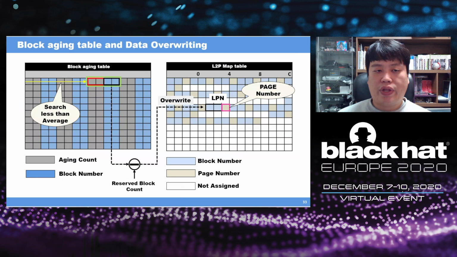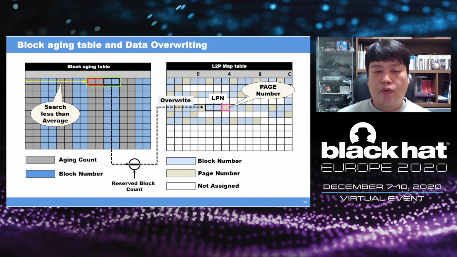To reconstruct the old LPN, we should know how the target SSD selects the block number when we overwrite. And then we also need to know how the page number changes according to the overwriting. When we write data to our target SSD, we figured out that the flash translation logic has a block aging table, which records how many times each block has been used, to decide the block number.